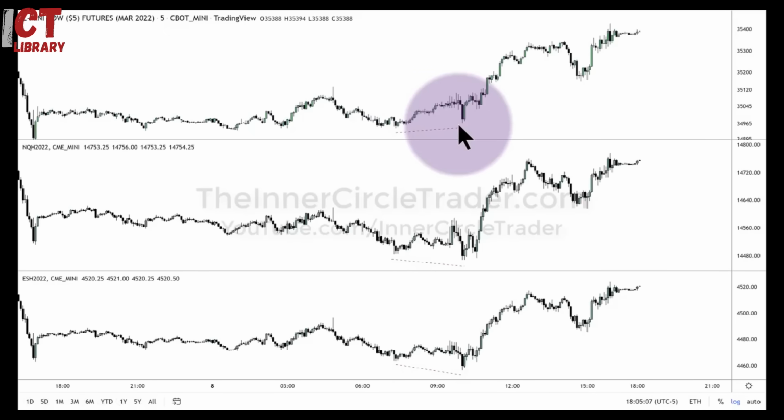Okay, correlation would be they are moving lower here, here, and here. But that correlation where they move in tandem together cracks here at a very important time. Right when the NASDAQ and the S&P are trading below its old low.